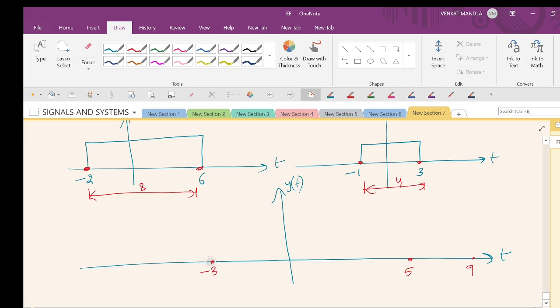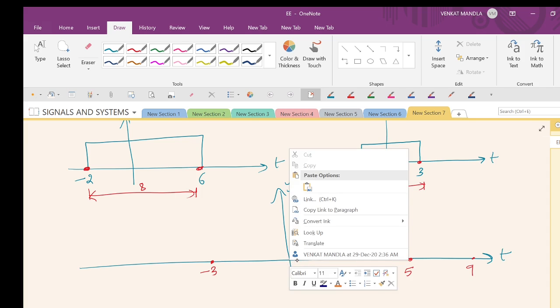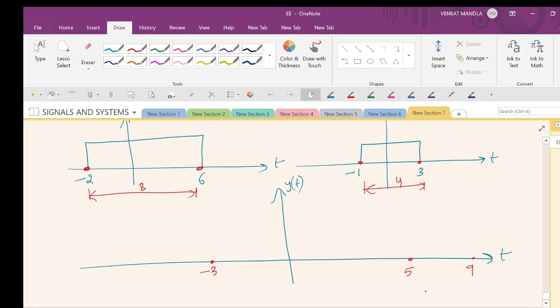From minus 3, 4 units distance means up to 0 it is 3 units, and up to 1 it is 4 units. So between these points we will get inclined lines. This is an inclined line. This is an inclined line.